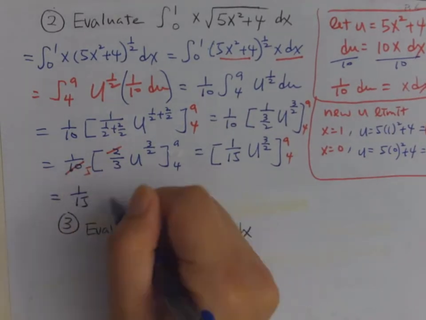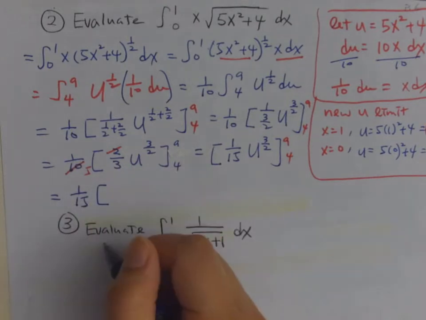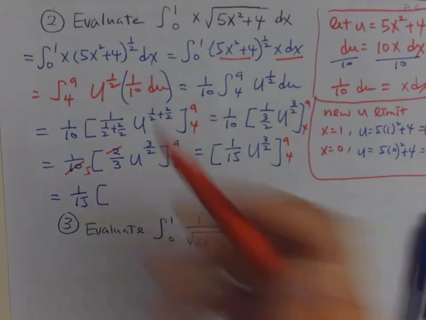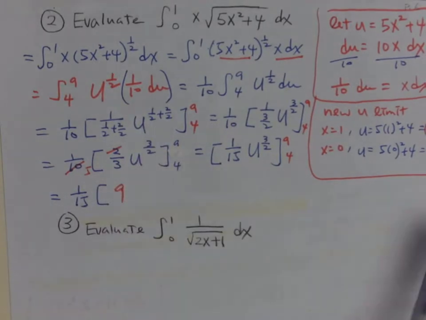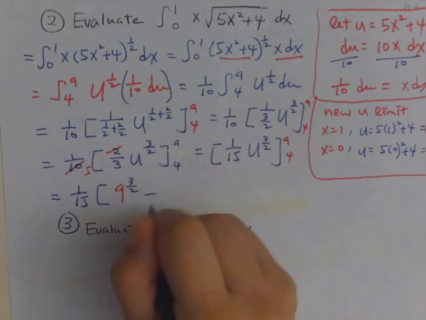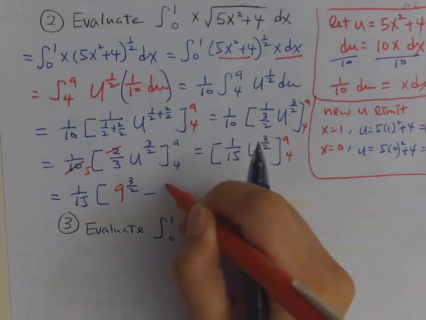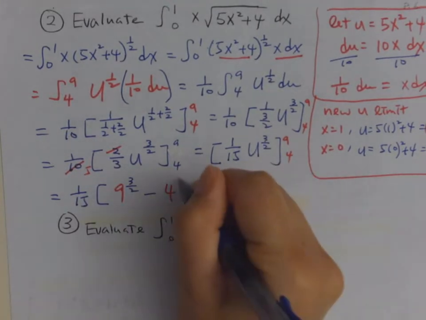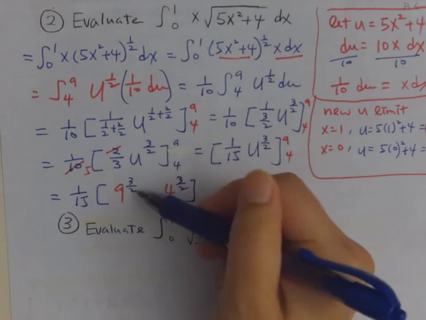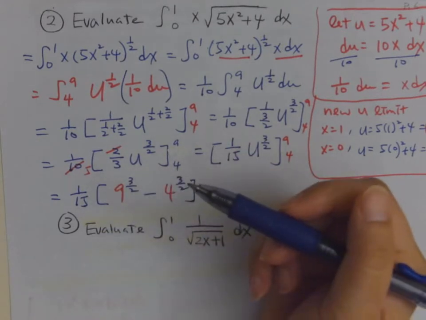So 1/15, you can multiply after we're done with plugging it in. So that would be 9 to the 3/2 minus 4 to the 3/2. So how do you do that? You could do it on a calculator, but this basically means square root and then cube it, right?